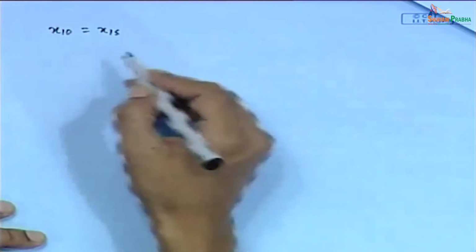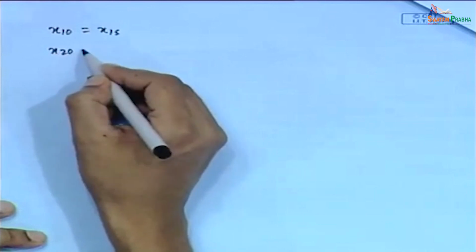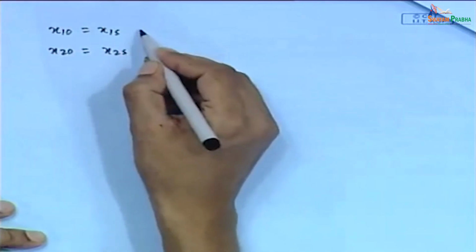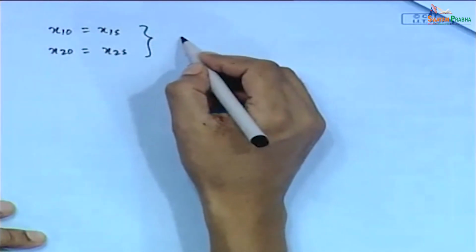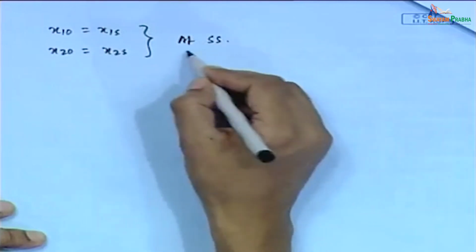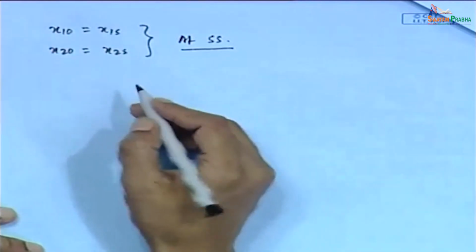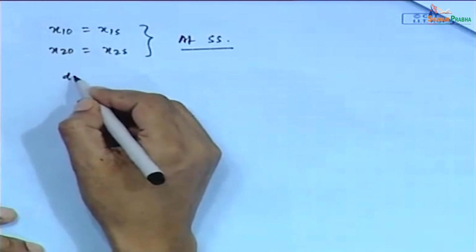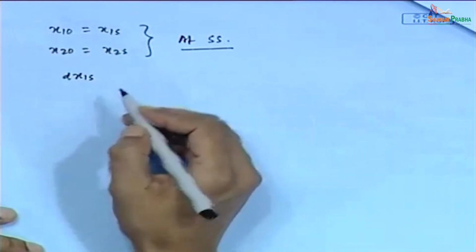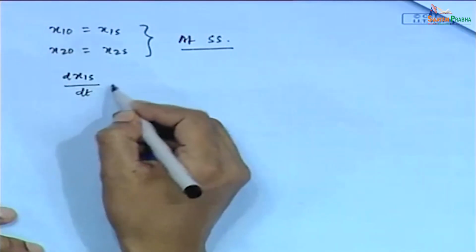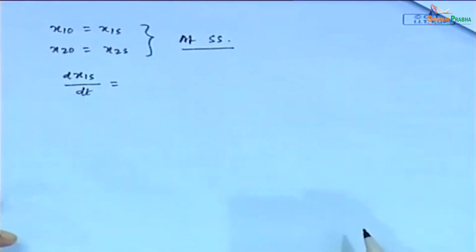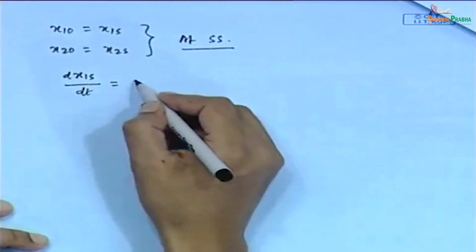Similarly, x2 naught equals x2s at steady state. So, how can we represent the modeling equations at steady state? The first equation will be dx1s/dt. x1s is a constant term, so we can write it as 0.